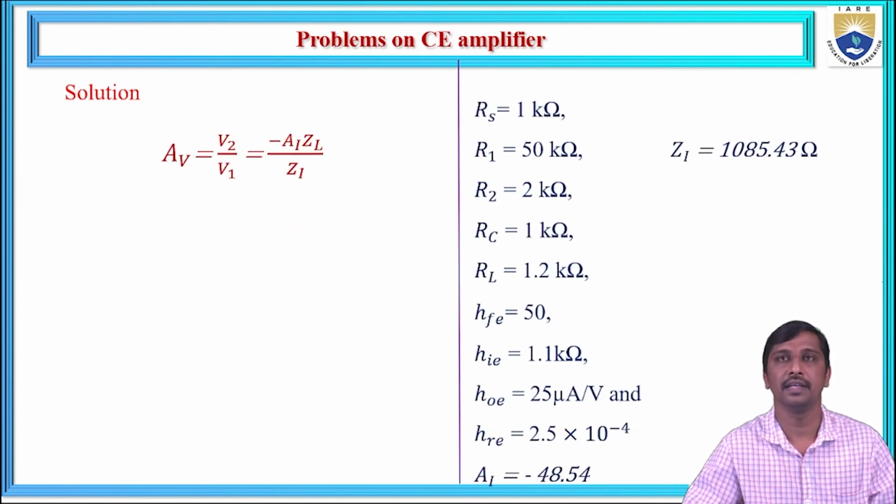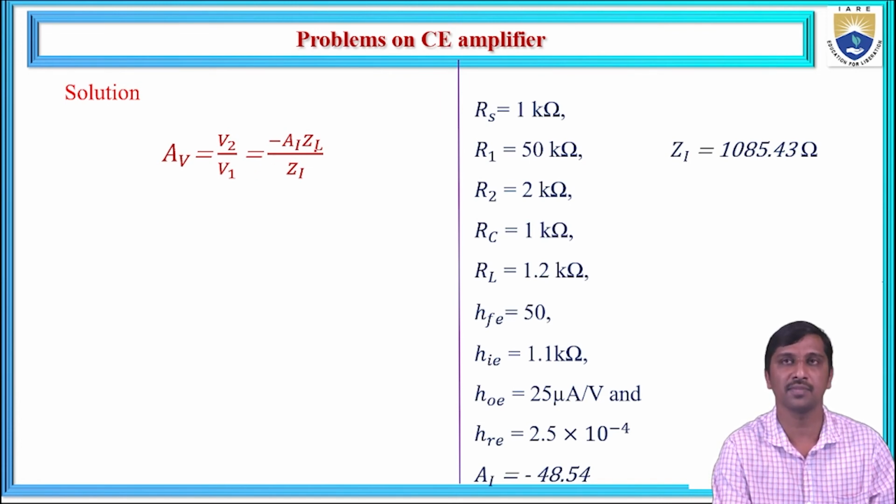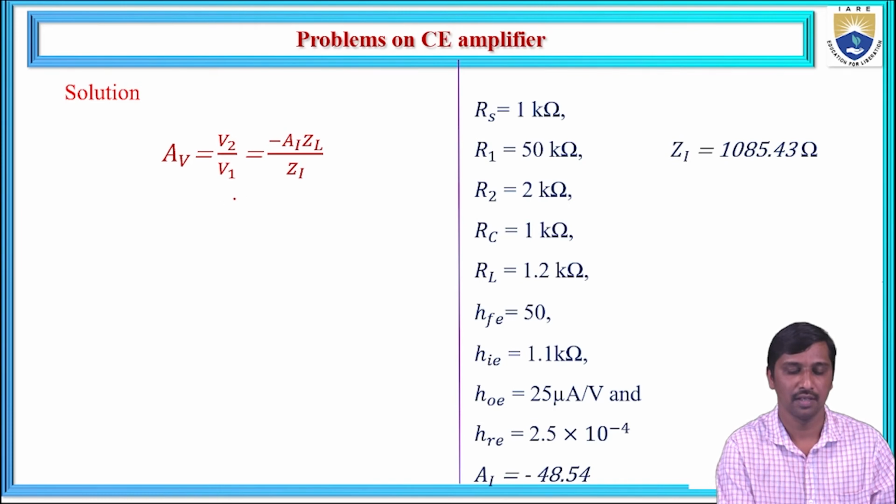Now I'm going to calculate the voltage gain. The voltage gain is the ratio of output voltage to input voltage. From that H model analysis, it is represented as minus AA times ZL by ZI. AA we observed and ZI we also observed. ZL means the load resistance we need to consider.